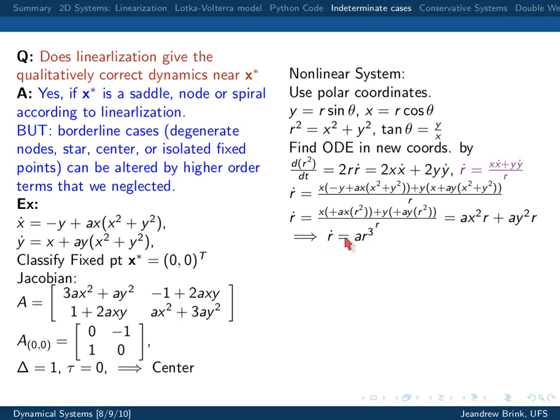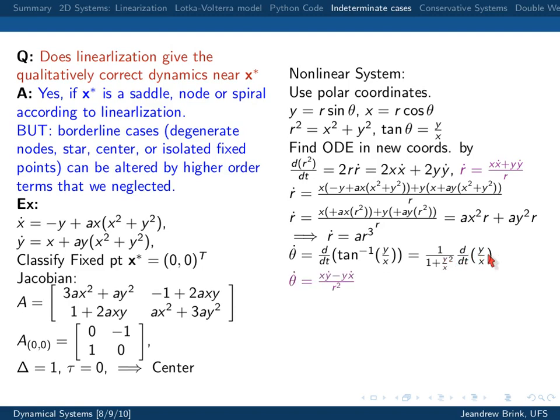Okay, so we're not done because we have a two-dimensional system, and so we have to work out the time derivative of the other coordinate as well. And so we do that by working out theta dot. Okay, so I've written theta as the arctan of y over x, and so theta dot becomes d/dt of the arctan of y over x, and the derivative of arctan of y over x is simply 1 over 1 plus the argument squared, times d/dt of y over x.